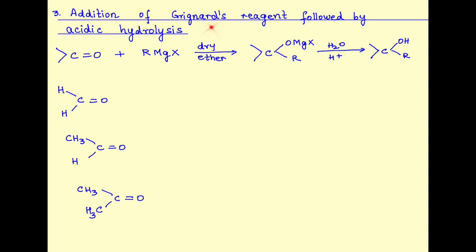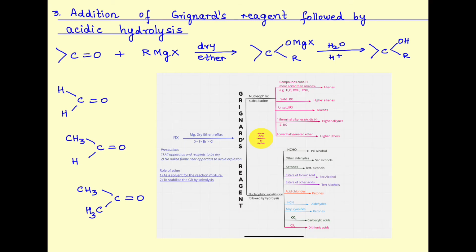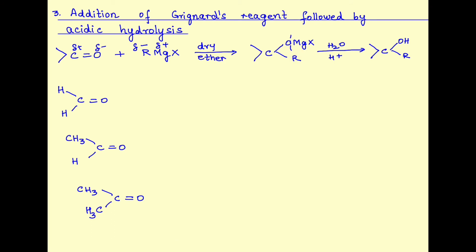While I'm doing the talking, why don't you write the reaction? You remember? So we'll have the positive here, we'll have the negative here, right? Positive goes to negative, negative goes to positive, connect it and then hydrolyze in an acidic medium. So OMgX gets converted into H and OH, we'll have the basic magnesium halide as the side product, and of course the OH group.